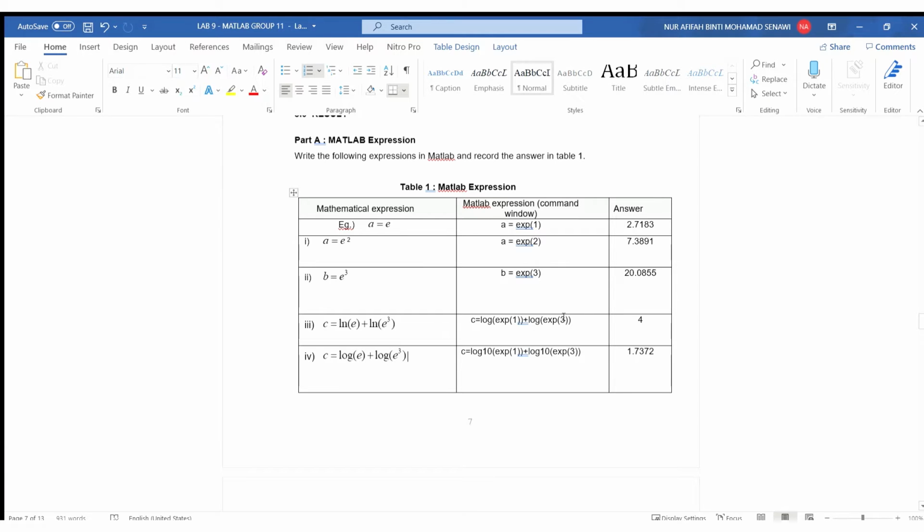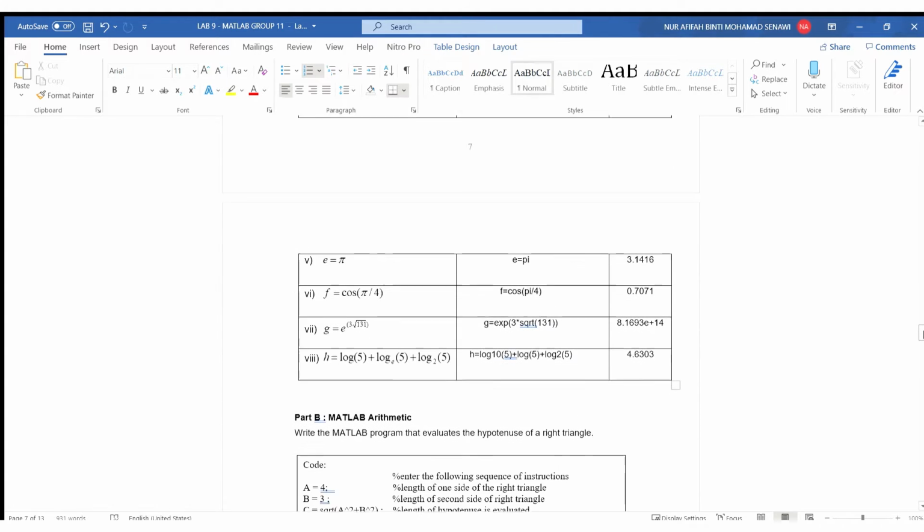So close the bracket again, and the answer is 4. For D equals log e plus log e power of 3, in MATLAB, D equals log10 exp, and then change the power into the brackets, plus log10 exp, and then the power into the brackets.